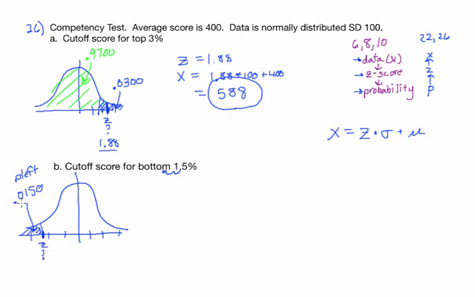So when you find 0.0150, look for the z-score that goes with it. I get about negative 2.17. So if my z-score is negative 2.17, I now need to change that into my data value. I'll use this formula.